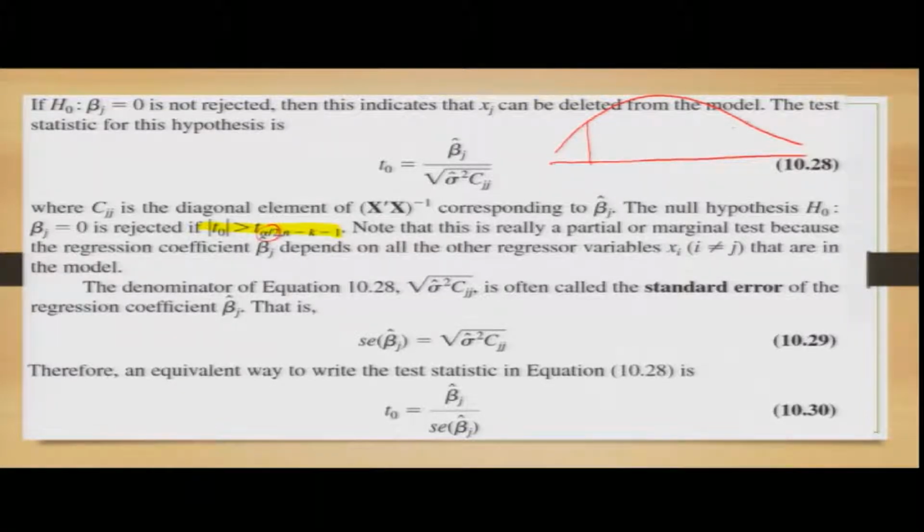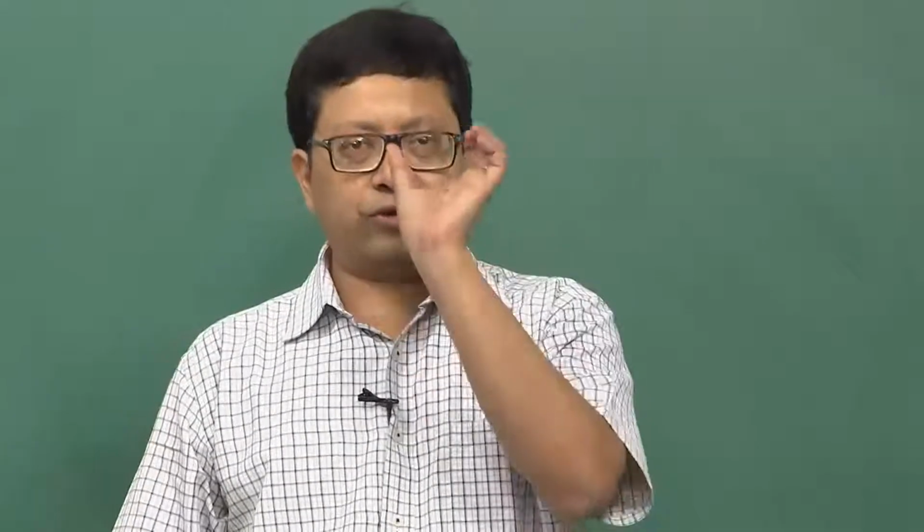So, these are the intervals: this value should be equal to alpha by 2, this value equal to alpha by 2, and the region in between, this colored region, would be equal to 1 minus alpha, sorry, my mistake. So, 1 minus alpha plus alpha by 2 plus alpha by 2, the total area is 1, as it should be.